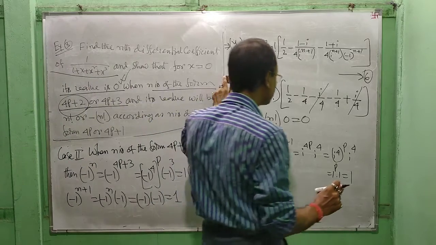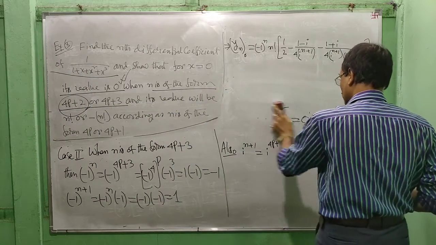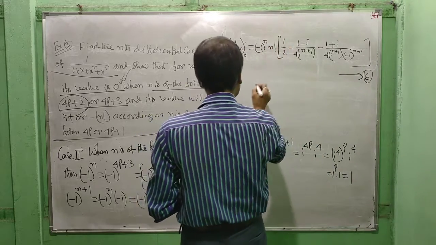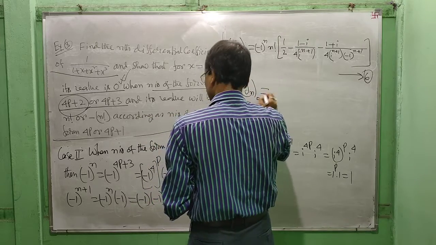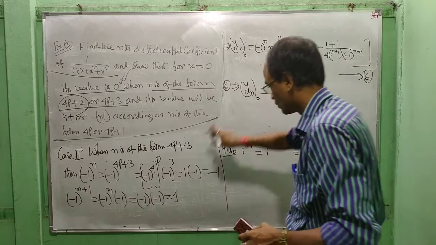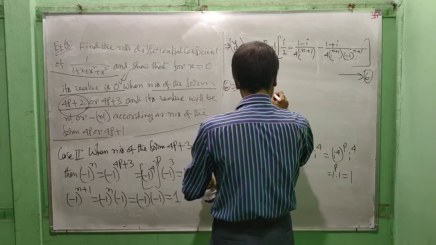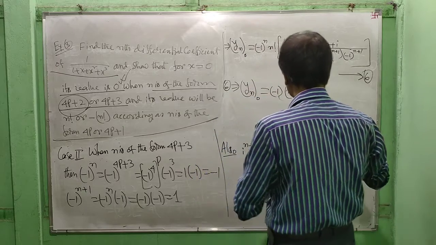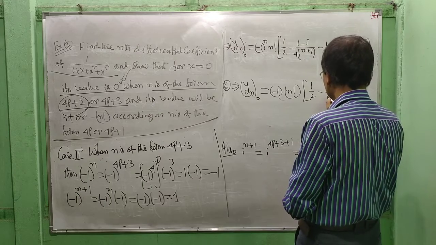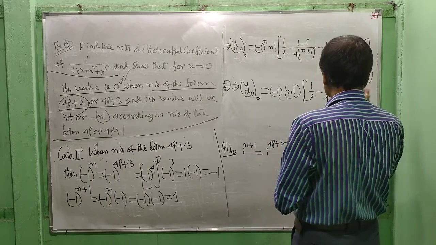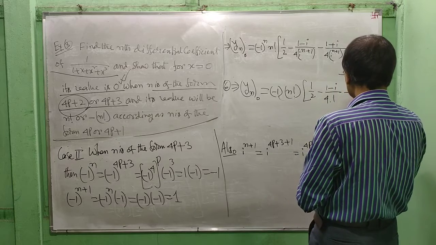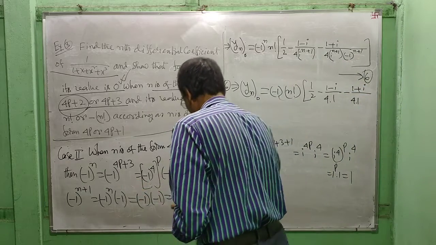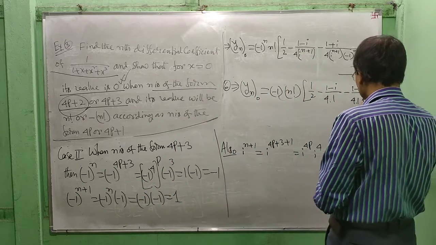Therefore, from 6 you will get yn(0) equal to (-1)^n, which is minus 1, times factorial n times [1/2 - (-1 - i)/4 times 1 - (-1 + i)/4 times 1], where (-1)^(n+1) is also 1 and i^(n+1) is also 1.